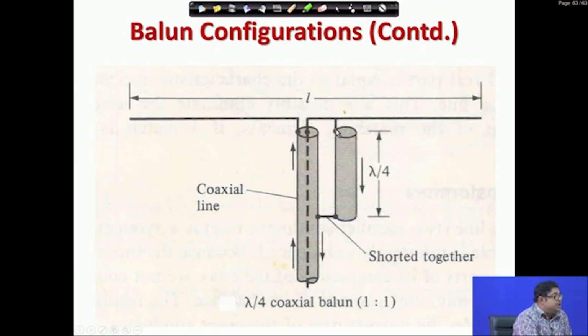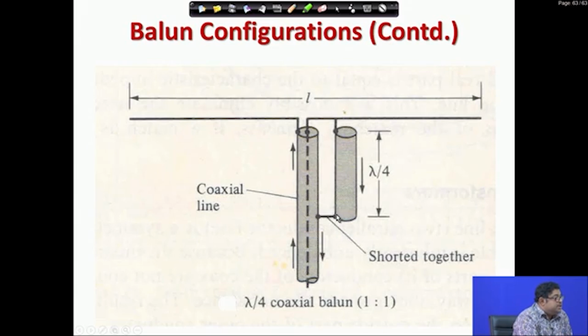In the previous case it was not connected anywhere, but here you are connecting it to the line 1, the inner conductor connection. So, you see, here it is shorted, here it is open.